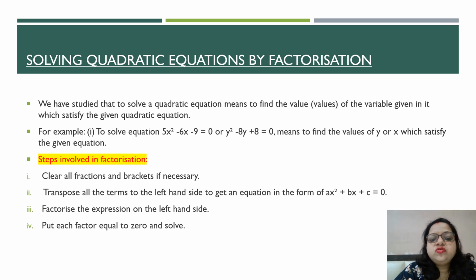Transpose all the terms to the left hand side to get an equation in the form of ax square plus bx plus c is equal to 0. Factorize the expression on the left hand side and put each factor equal to 0 and solve. Okay, these are the steps.